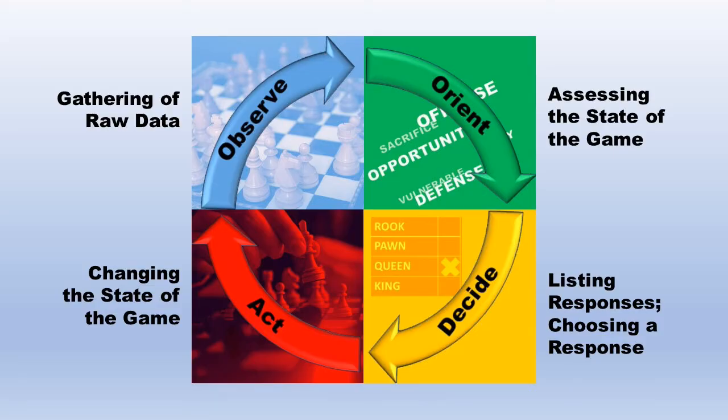By changing the state, the cycle starts for the other players. Now they have to go through the observe, orient, decide, and act steps all over again in response to the changed state of the game. So in a chess example, again, it's the moving of a piece or taking away a piece.